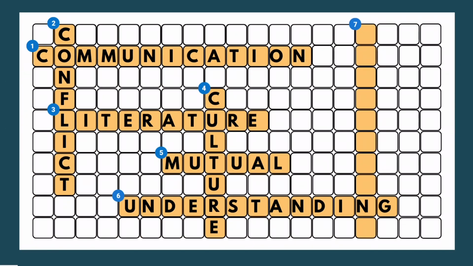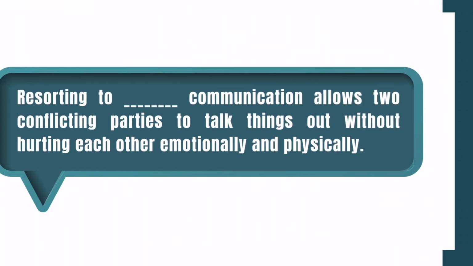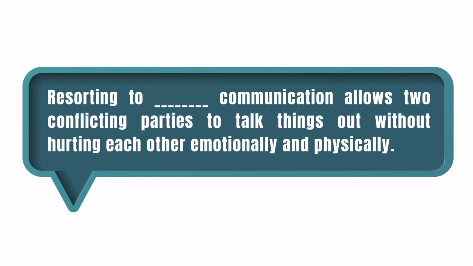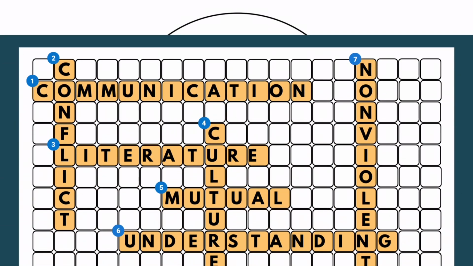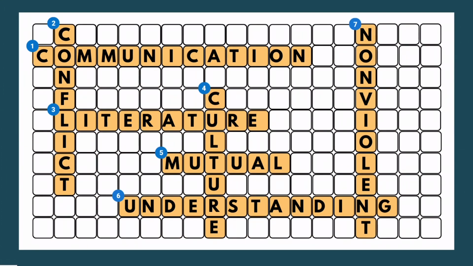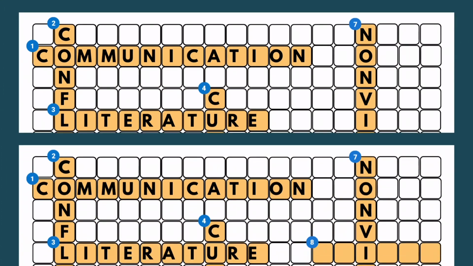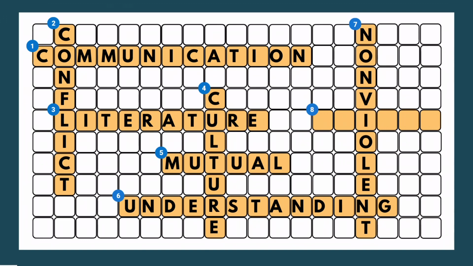Number 7. Resorting to blank communication allows two conflicting parties to talk things out without hurting each other emotionally and physically. The missing word is nonviolent. For the last number, number 8.